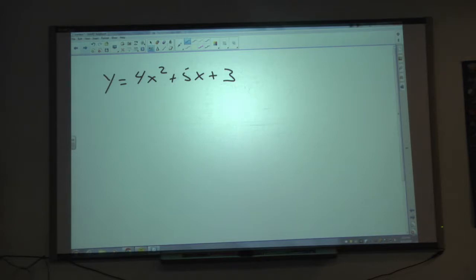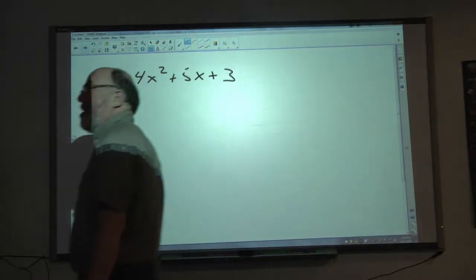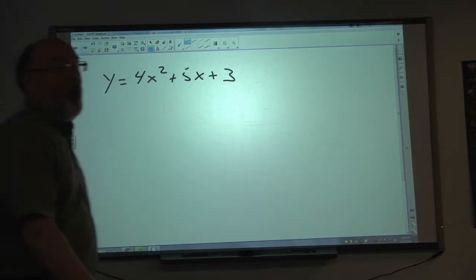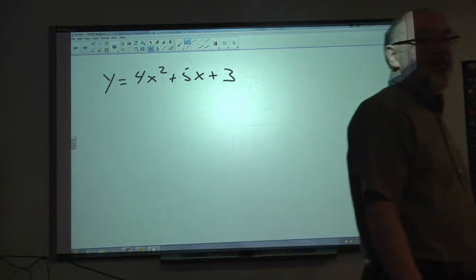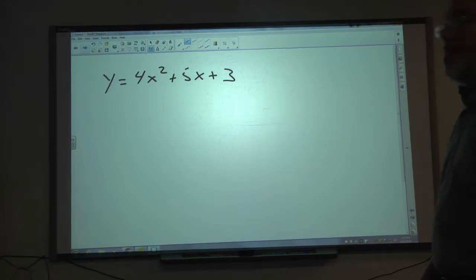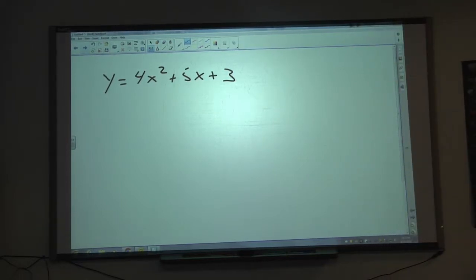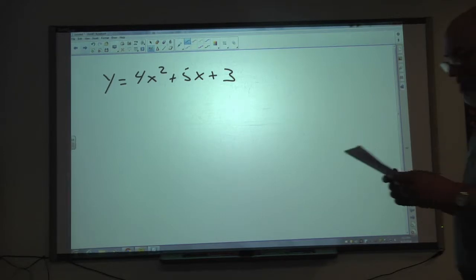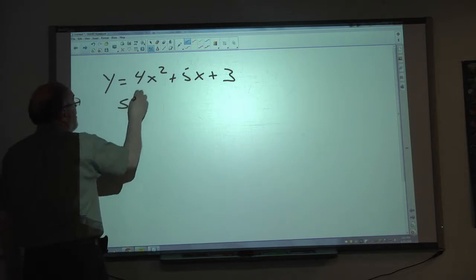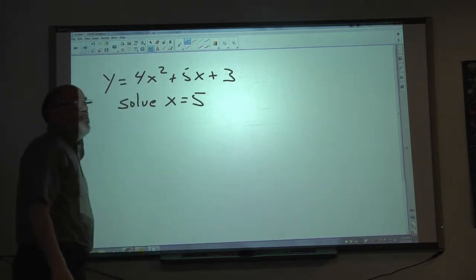Whatever number I plug in for x, if I plug in a number, I only get one y number out. So therefore it is a function. Every x number I plug in, I will only get one answer. So that makes it a function. For example, solve this if x is equal to 5.